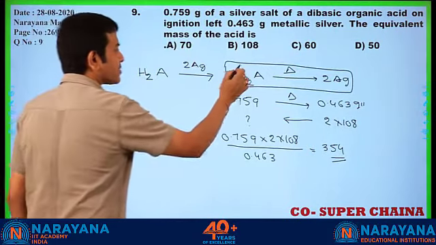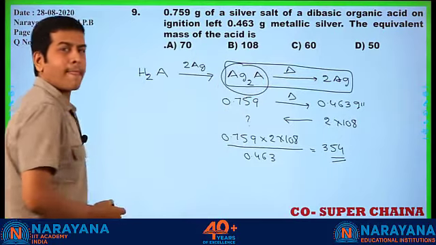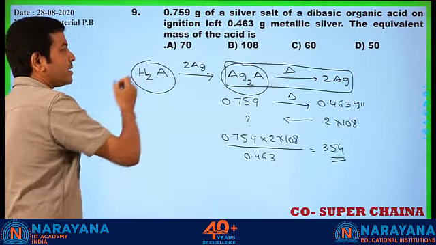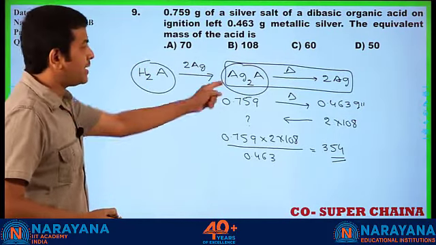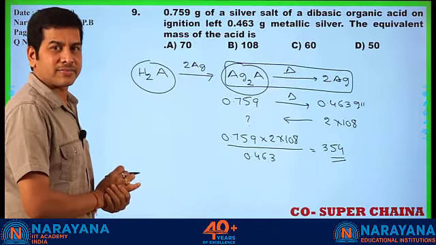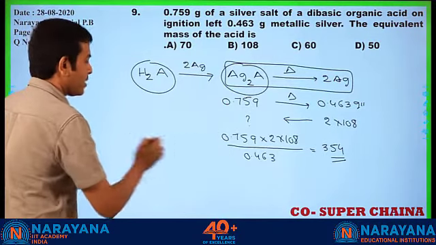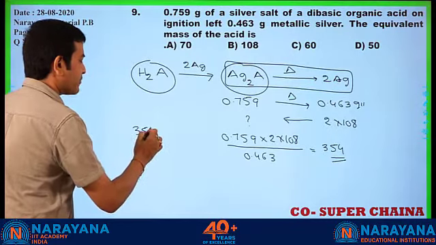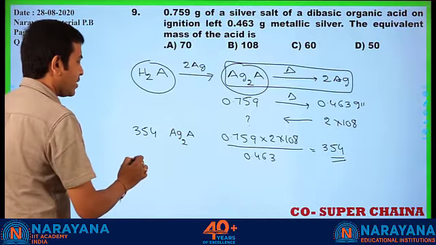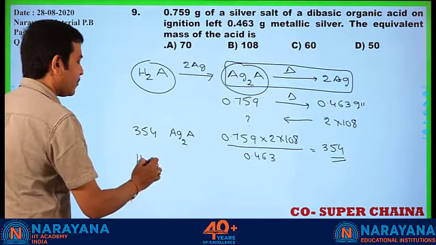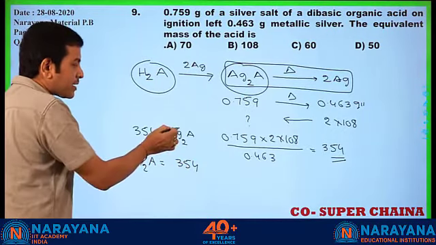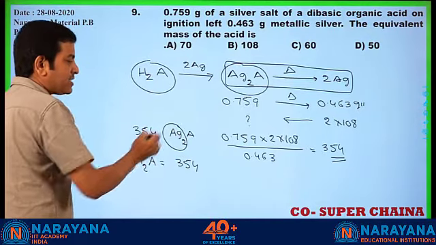So 354 is the Ag2A weight, its molecular weight. From that, let us calculate the H2A molecular weight. 354 is the molecular weight of Ag2A. Now I want the H2A molecular weight.